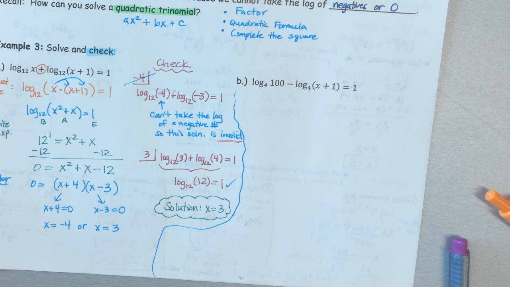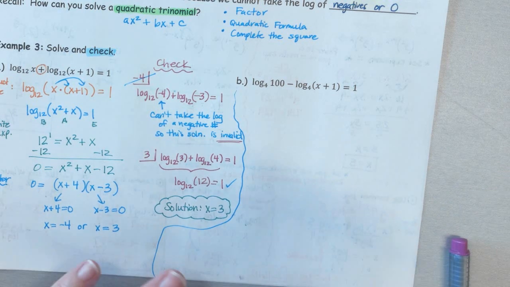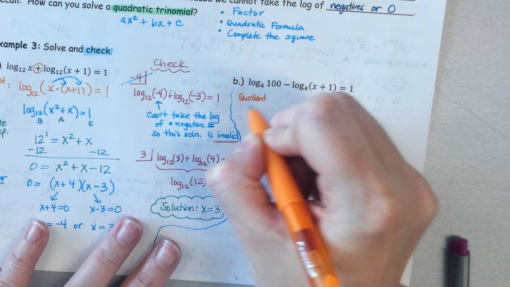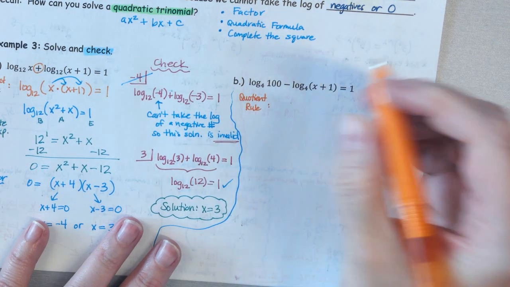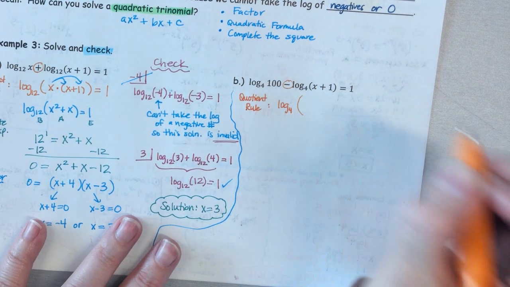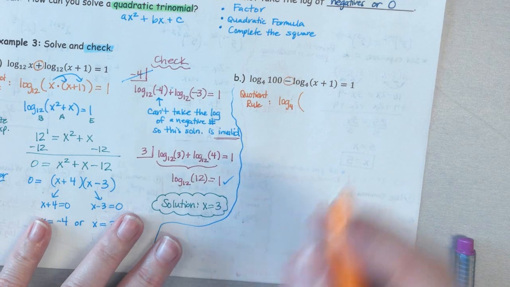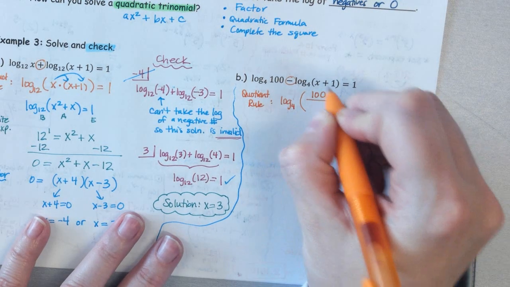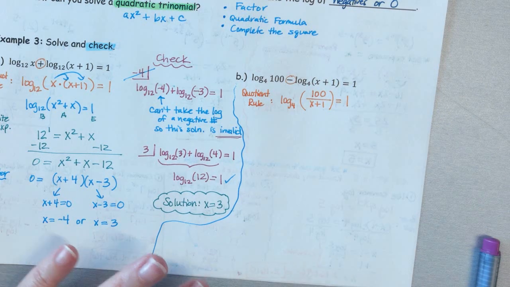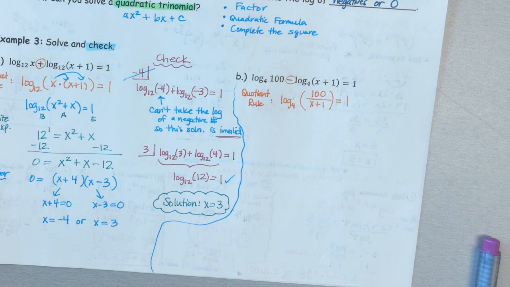Okay, so if you have minus, you're going to rewrite this as what? Division. Okay, so we're going to use the quotient rule. How did you guys do with that first step? What goes on the top? 100. And then on the bottom, x plus 1. Okay? All right, thumbs up if you got to that point.